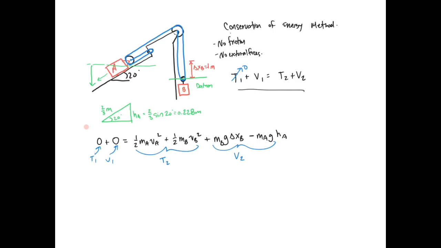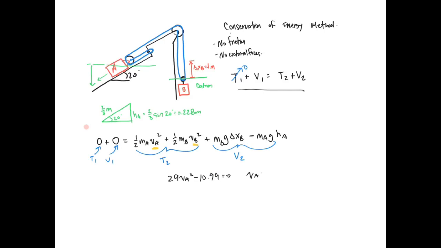Now in this equation, for V2, we know all our values. We know our delta XB and our HA. The two unknowns that we have are VA and VB. Now we can use the same constraint equation as before, and you'll see that 29 VA squared minus 10.99 is equal to 0.